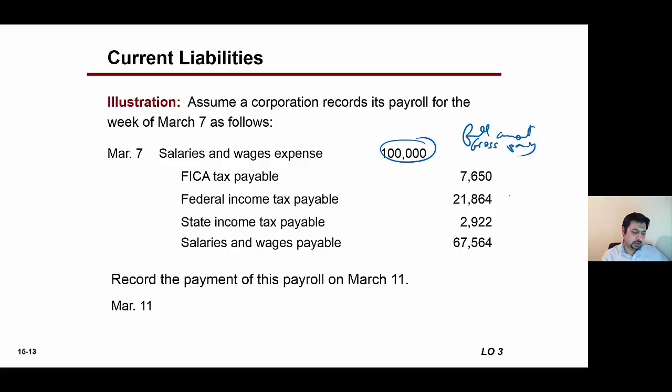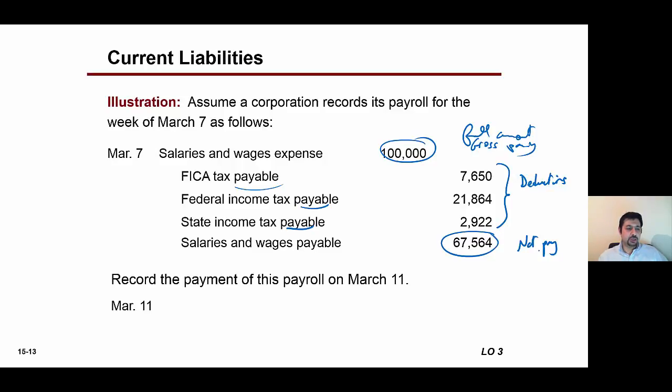Then the company will have deductions, which are to be paid later, to be remitted to various tax agencies, hence the word payable. Those are amounts that the company owes to various tax agencies. We also have the net pay, the amount that the company now owes to its employees, which will go on the paycheck itself.